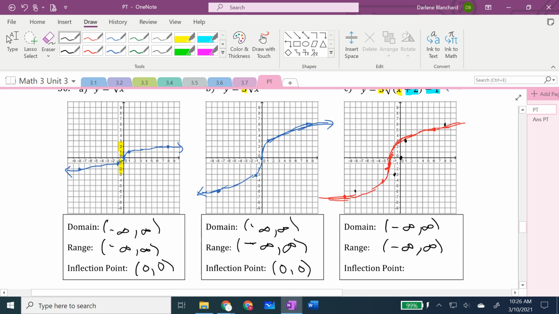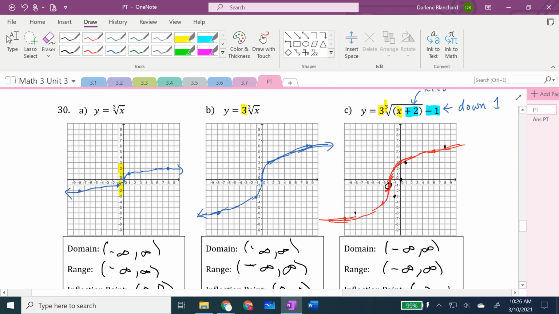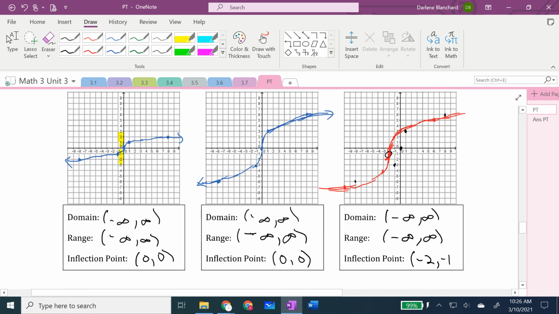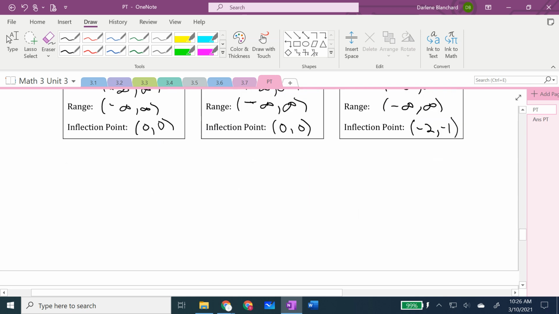It will still be the origin. It is only affected when you translate. And when I translated, I moved left 2, down 1. And so that moved that point from the center of 0, 0 to -2, -1. All right, 38 is next.